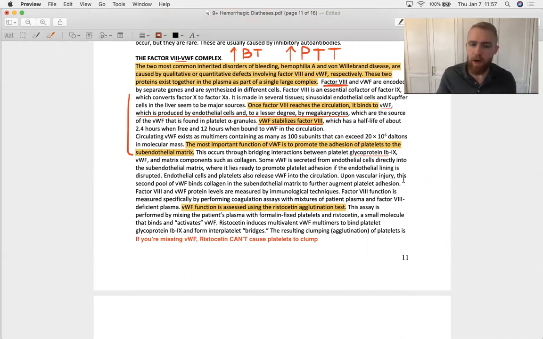But if you're missing von Willebrand factor, the platelets will not clump at all. So you put a patient's platelets in a test tube, add ristocetin. If they have von Willebrand factor, it'll clot. If they don't, it won't clot. Real specific test, as you can tell. Not a lot of what would that be? False positives on that.